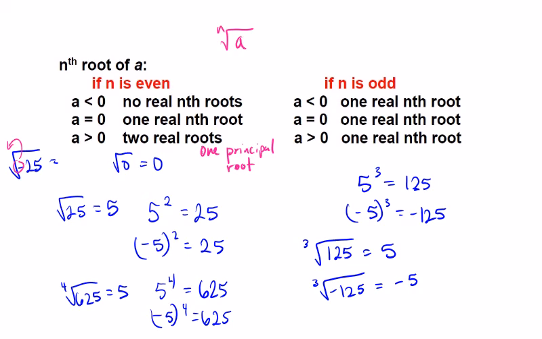So, all right. With odd indices, and indices is plural for index, you always get one root, no matter if the radicand is negative, 0, or positive. You always get just one root, okay? And the sign carries. If there's a negative inside, your answer is negative. If there's a positive inside, your answer is positive.